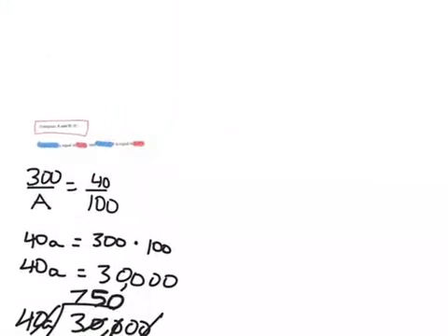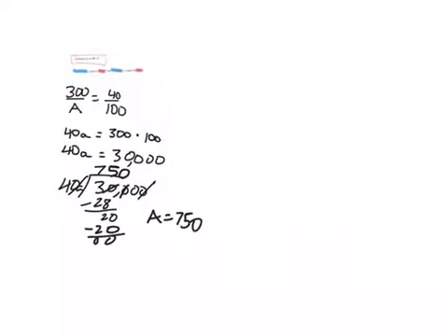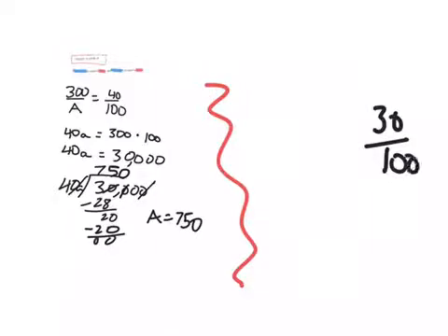Let's try this. Let's just make like a line. Okay. It says 30%. So the same format. It'd be 30 over 100.